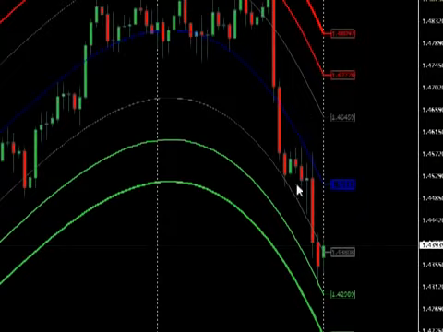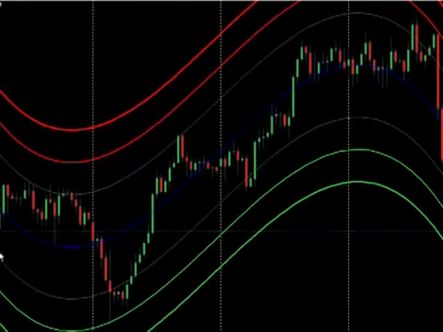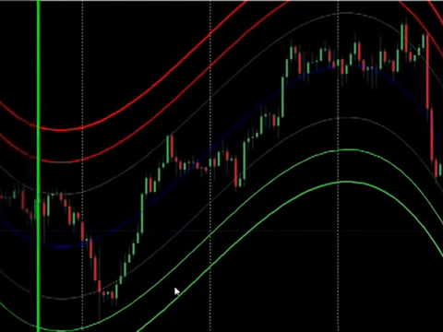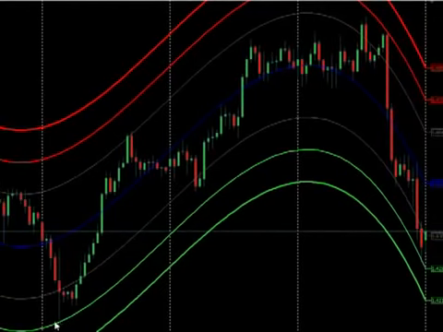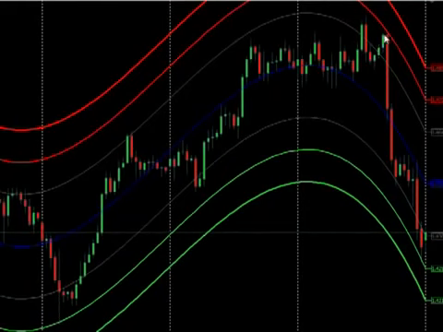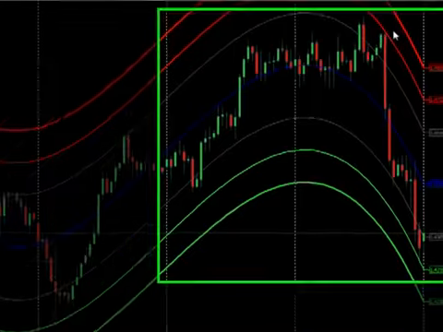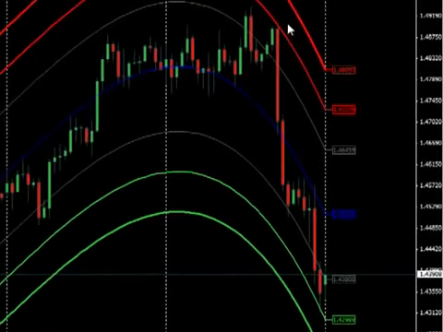As you can see, it looks like a wave here, like electronic waves. And how the system works is simply you just look to buy off the green line and sell off the red lines. Okay, so this is a 4-hour time frame.